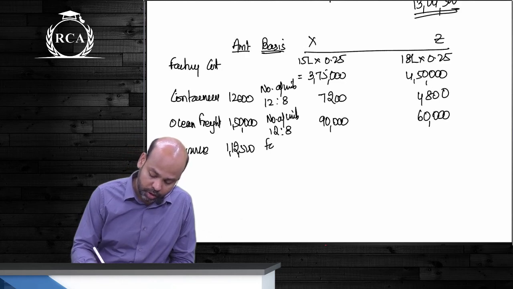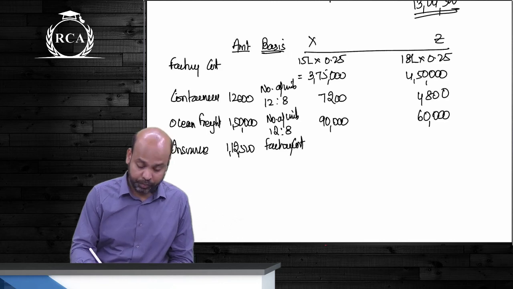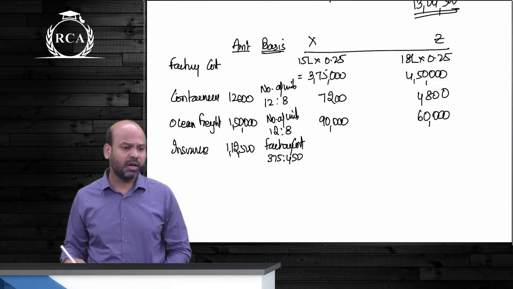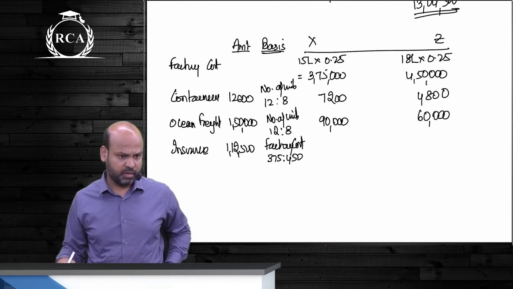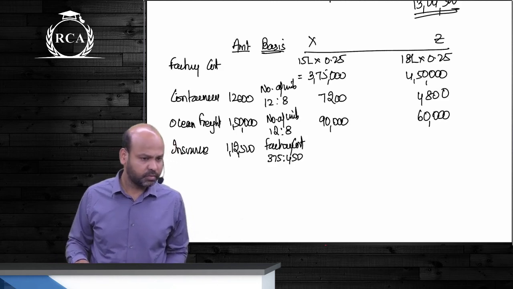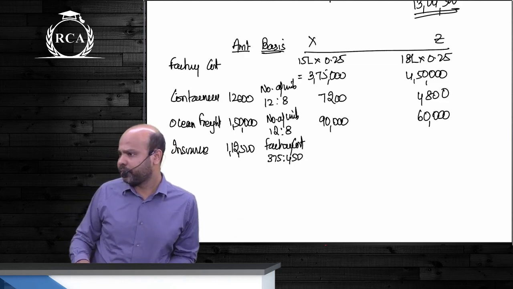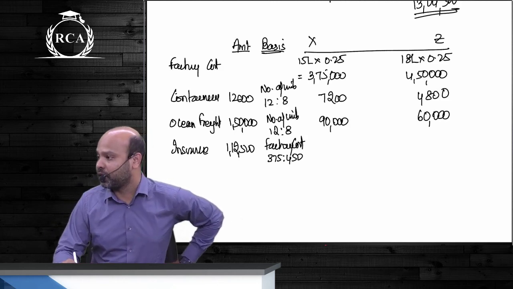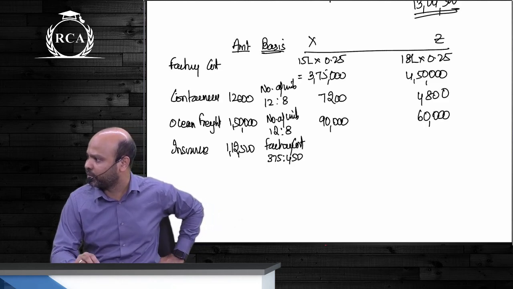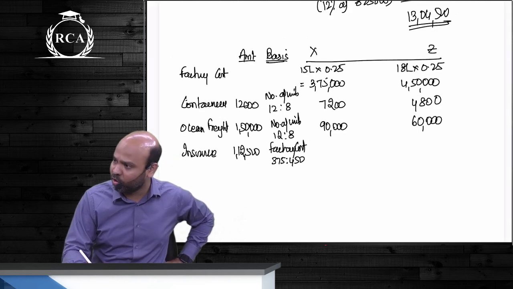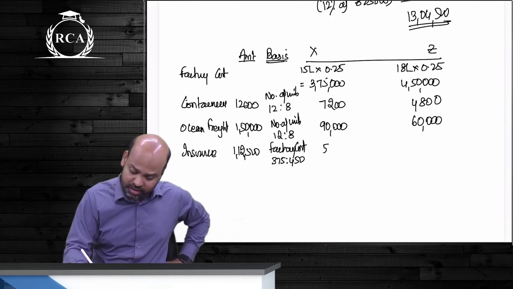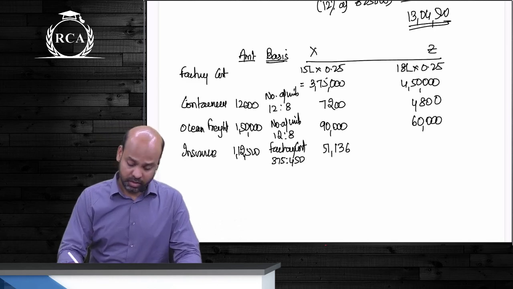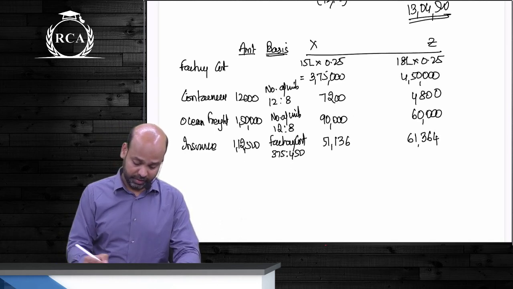I will do it in the ratio of what? Factory cost, value. 375 is to 450. Factory cost is 7. It is 5 is to 6 ratio after simplification. So 1,12,500 into 5 by 11 and into 6 by 11. How much is it? Correct, it is coming in points, do not doubt yourself. Once an answer comes in points, you start looking here. 61,360. Next guys.